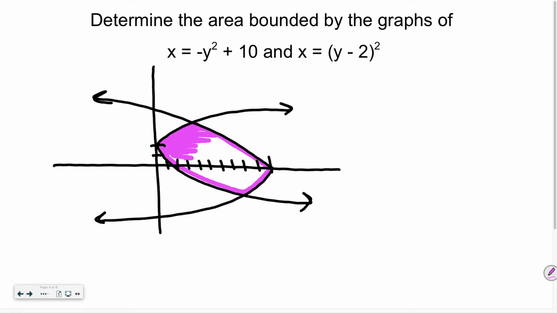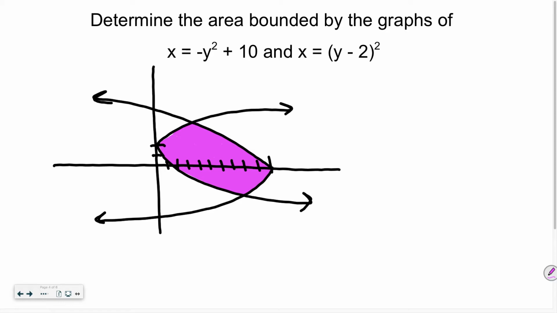Technically, yeah, it would be possible to write these in terms of x, but if we used vertical rectangles with thickness dx, how many different integrals would we have to set up? 3.